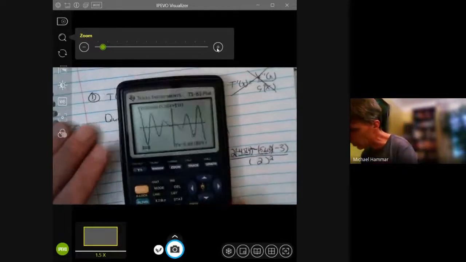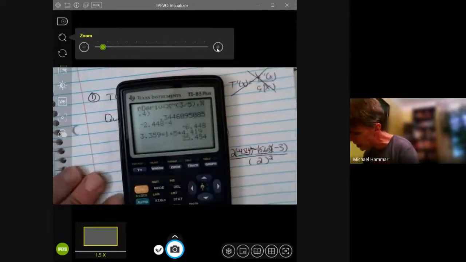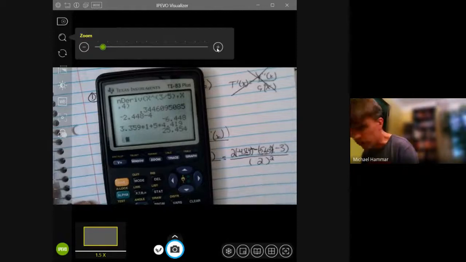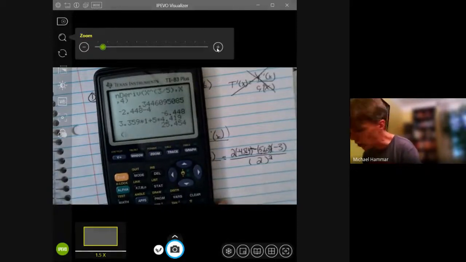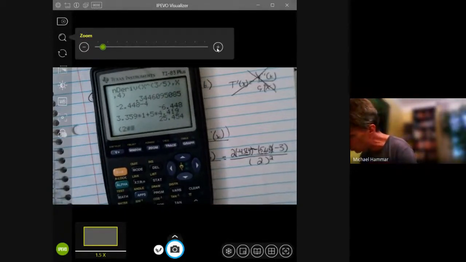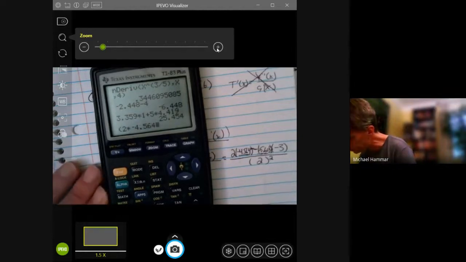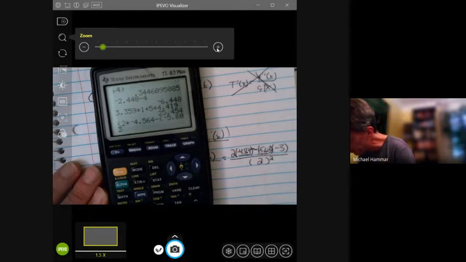So let's take a look at what that looks like. So let's quit this, and we're going to do, remember, the numerator should all be in one set of parentheses, so it's going to be 2 times negative 4.564. And then I'm going to subtract from that negative 5.603 times negative 3.